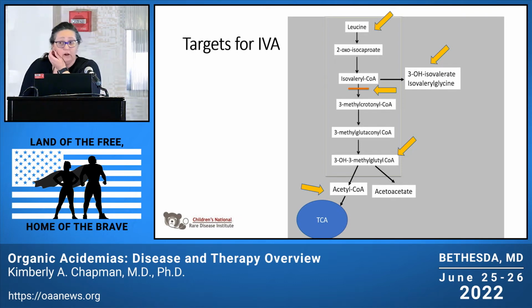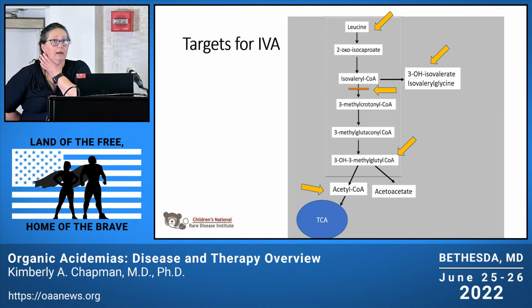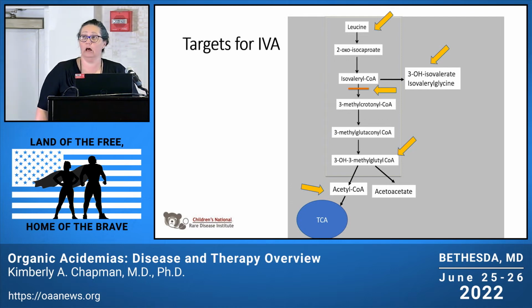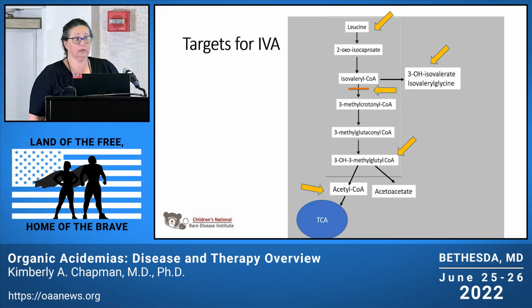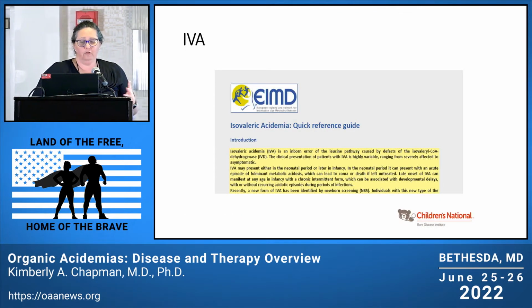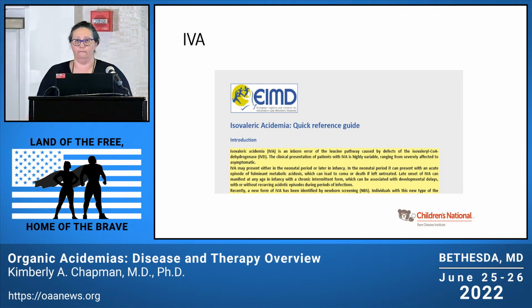Or we could also think about, what am I going to do with acetyl-CoA? Can I make the acetyl-CoA bigger and better? Because this pathway leads to acetyl-CoA, and I'm blocking a pathway into the TCA cycle, Krebs cycle, or citric acid cycle.